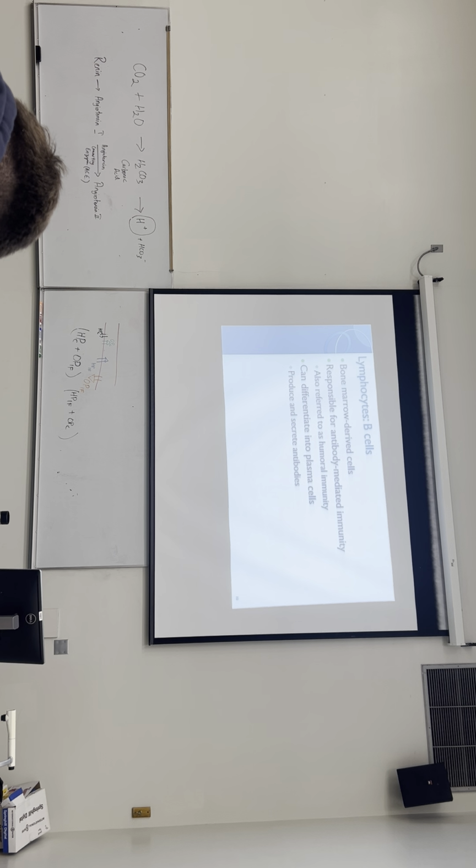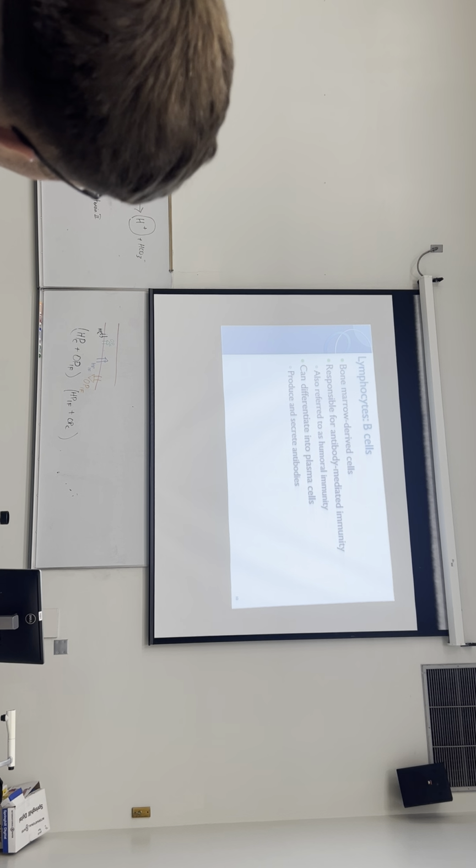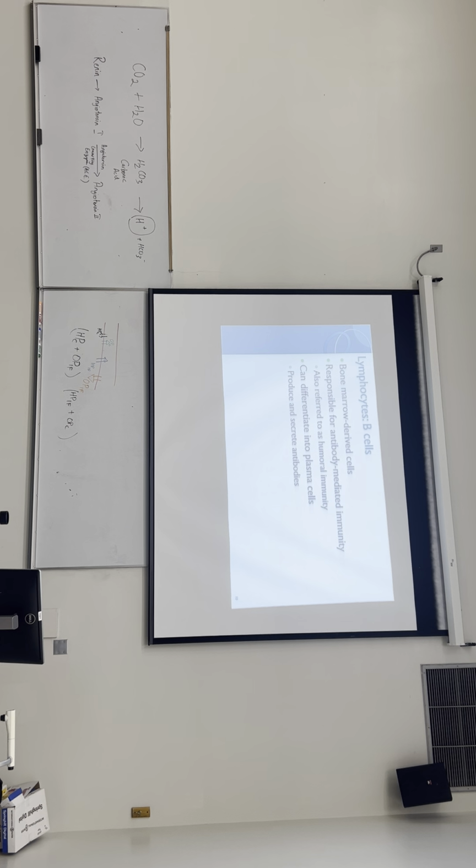Once activated, B cells will be called plasma cells. The function of plasma cells is basically to produce these antibodies. Where are antibodies found? Is it on the cell membrane? No, it's in what part of the blood? Blood plasma.